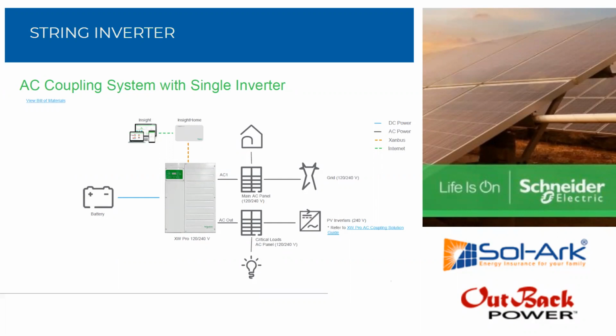Schneider is launching an energy center, which is essentially a fully automated main service panel, meaning every single circuit breaker has the ability to be shedded from your controller. And this really enables the homeowner to have full control over what loads are being essentially deemed critical or deemed not necessary during an outage.